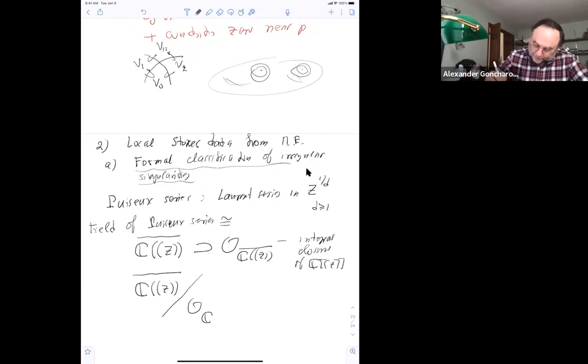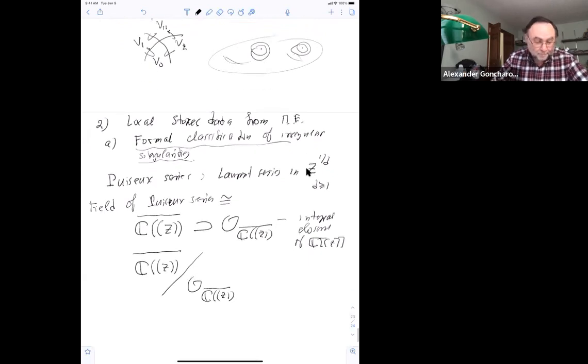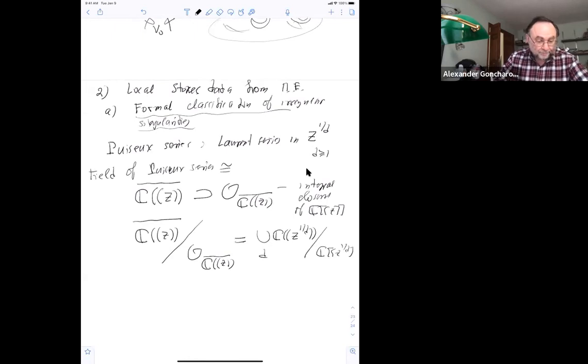This guy. And in concrete terms, you do the following. You consider all Laurent series in z to the 1 over D, and you divide by those which are actually Taylor series in z to the 1 over D, and then you take the union over all D. So that's this important object.